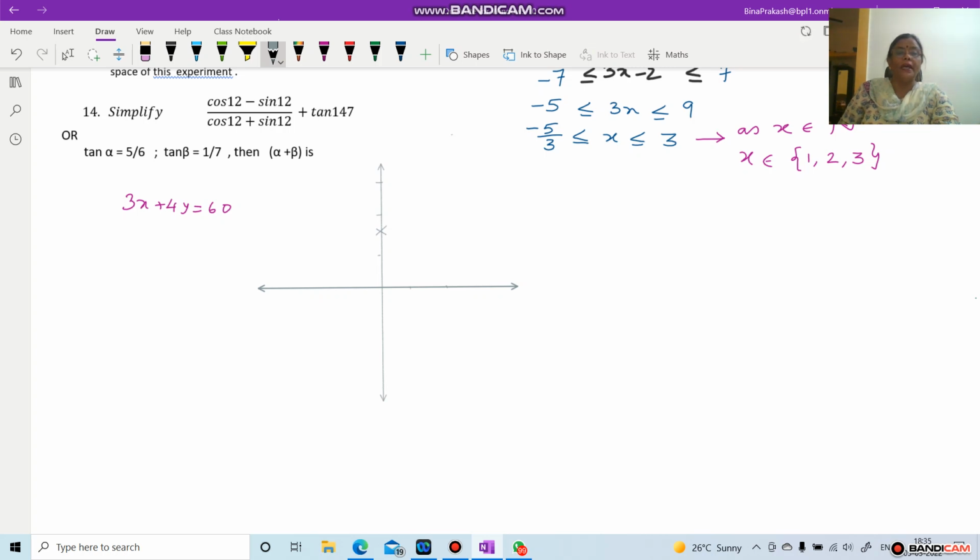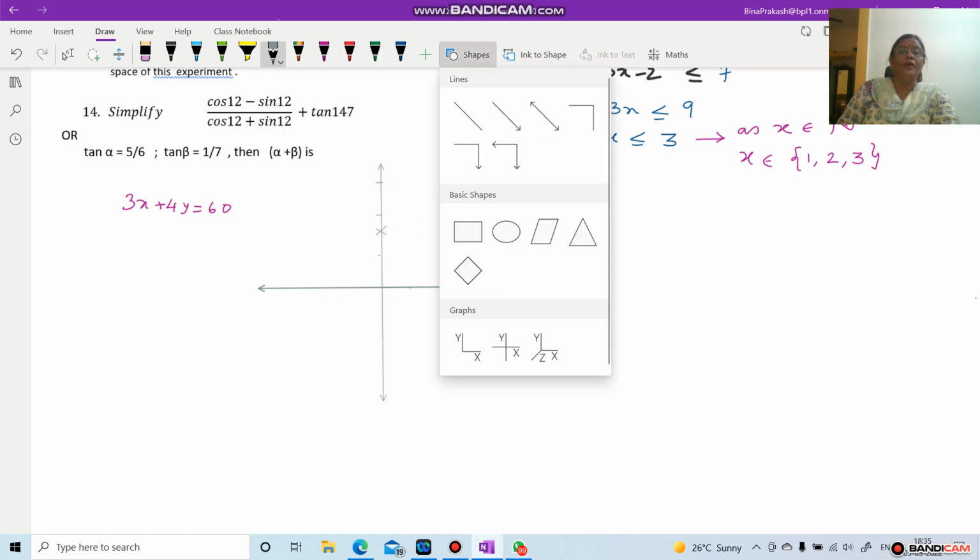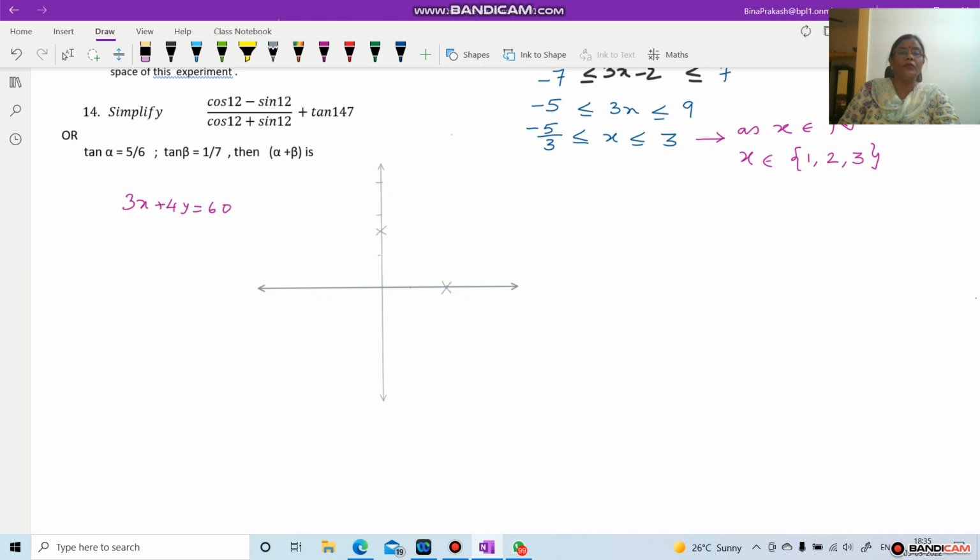So it is a line which is passing through these 2 points. This point is 0, 15 and this is 20, 0. So that's the line we have. This is the equation 3x plus 4y is equal to 60.